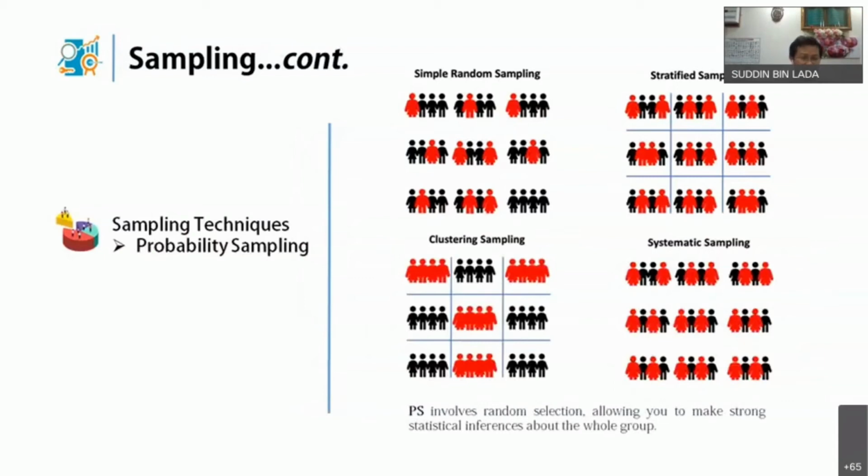Probability sampling involves random selection, allowing you to make strong statistical inferences about the whole group. Later on, I will share with you the differences between probability sampling and non-probability sampling. But so far, we go with this first.